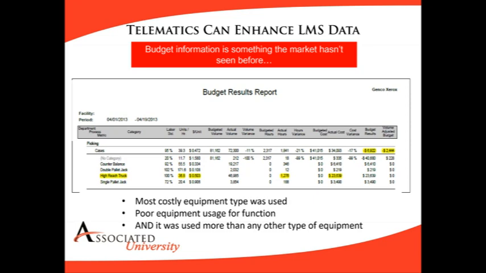And they had significant savings, and they were able to reduce their costs to such a point that they're actually implementing these systems across the country. Again, they found that the most costly equipment type was being used against management's wishes. They were using the poor equipment used for the function, and it was used more than any other type of equipment.